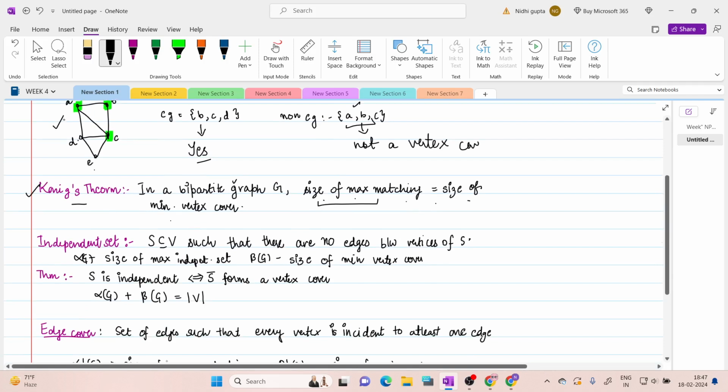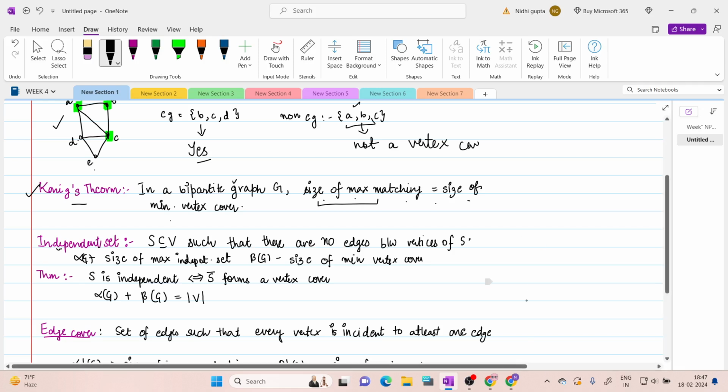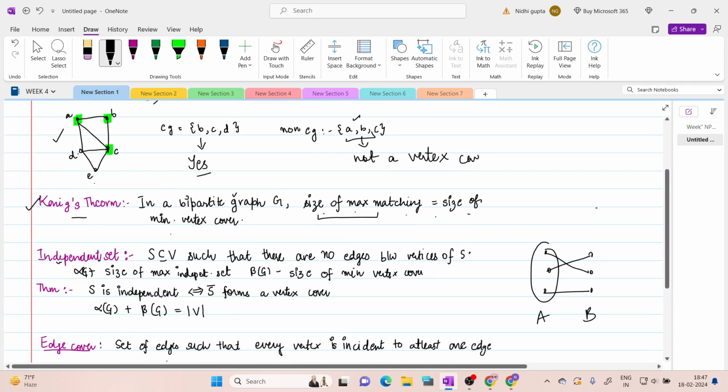Then with vertex cover, we also have a notion of independent set. An independent set is a set of vertices such that there are no edges between vertices of S. Suppose we have this bipartite graph. Since we have no edges within A, A is an independent set, and similarly B is an independent set.